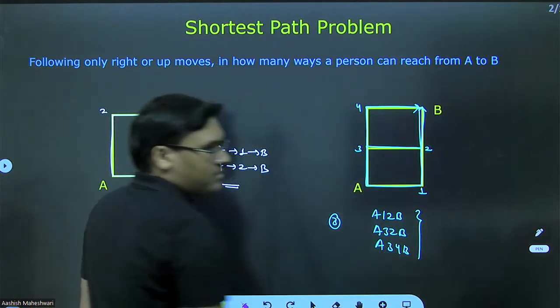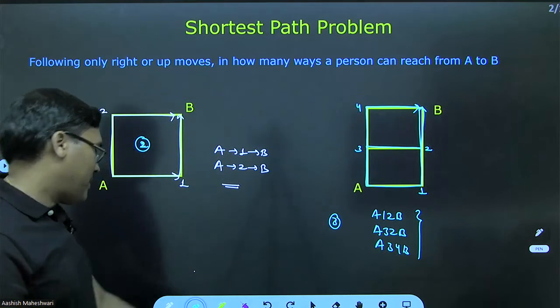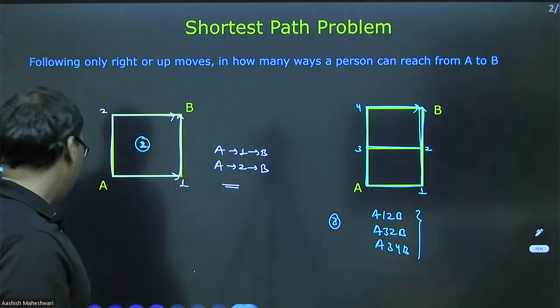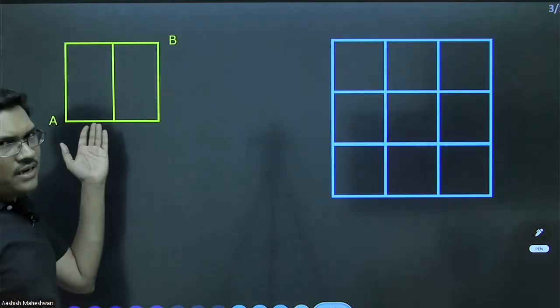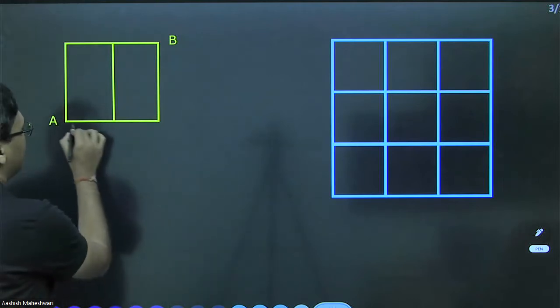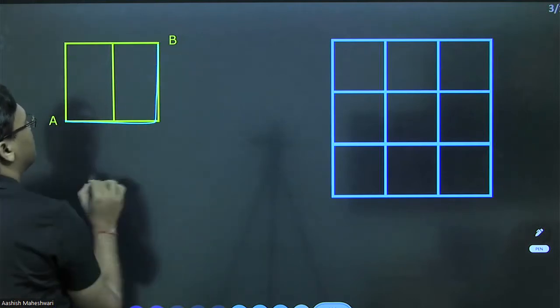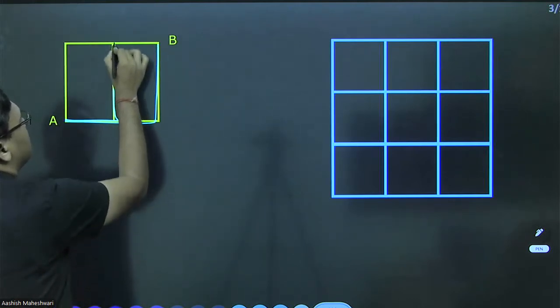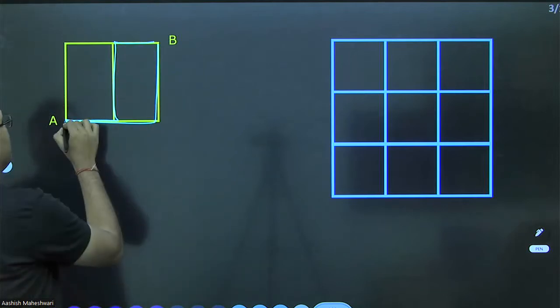Okay, no big deal. Now let's move to the next part. In this case, again, you can easily count. This is one way, this is the second way, and this is the third way.